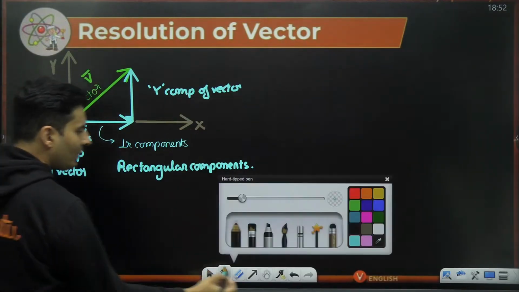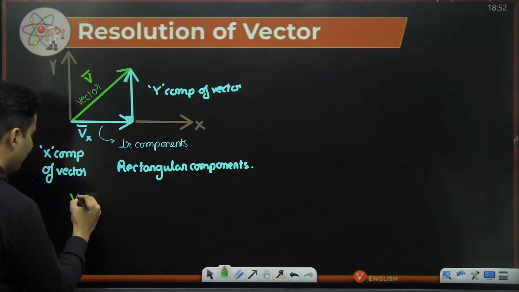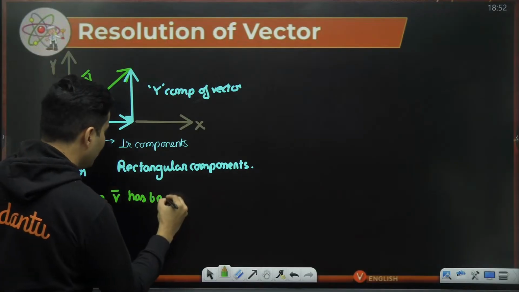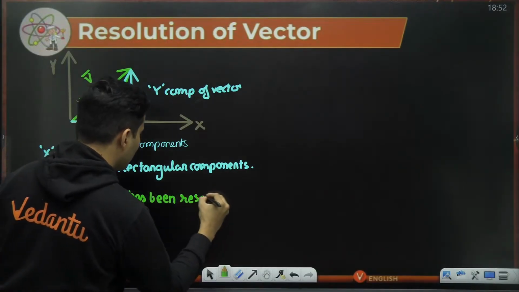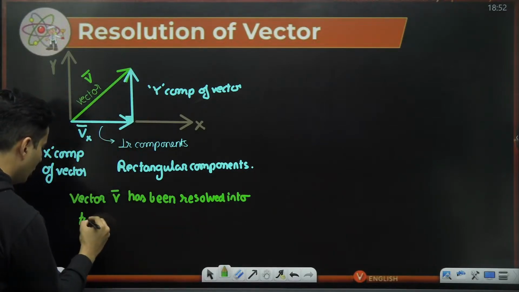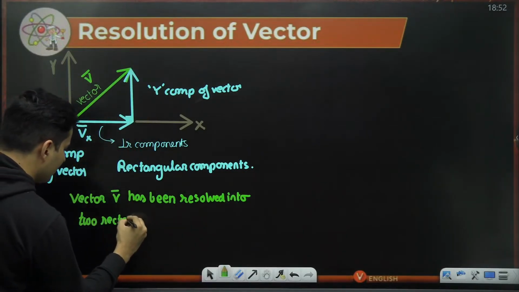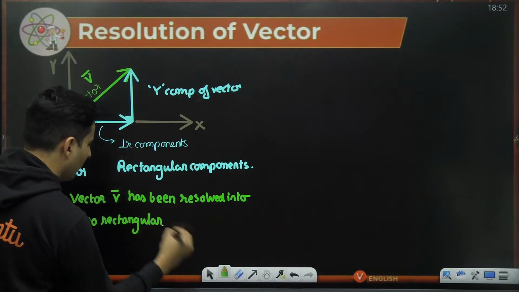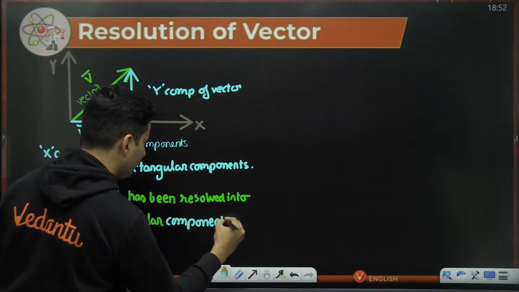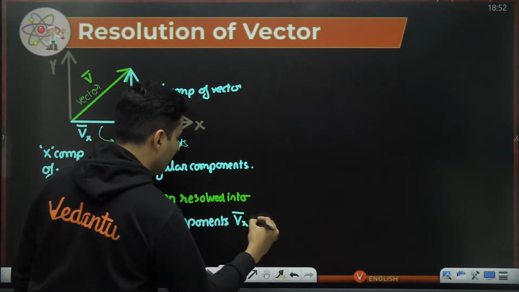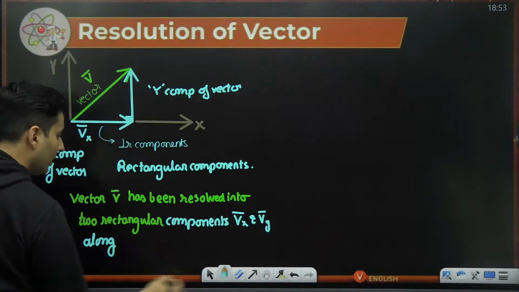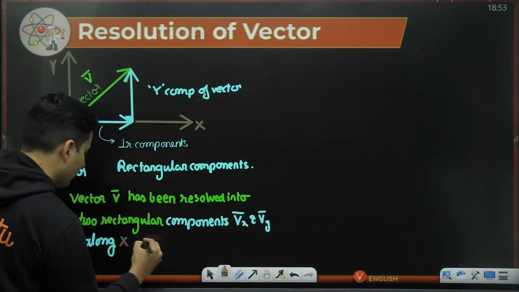So now I can say that our vector v bar has been resolved into two rectangular components, Vx bar and Vy bar along the x and the y axis.